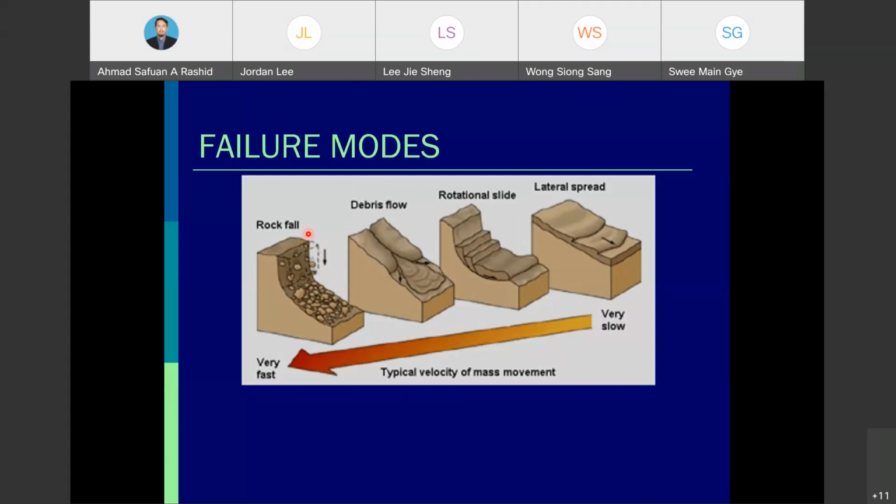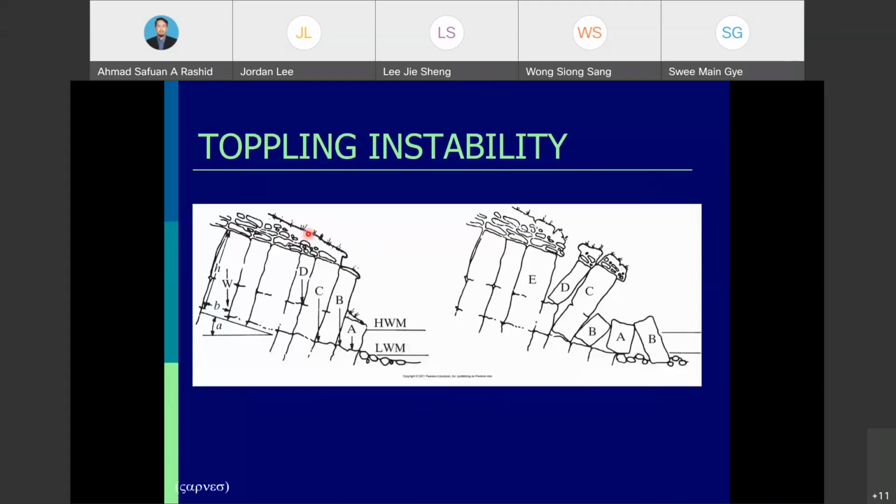Although there were no fatalities, the expressway or the highway was closed for more than a month, and the government needed to spend almost 800 million to remove the debris and also to repair the highway and the slope, to be used by the public. So this is toppling, and it is more related to the rock slope structure.